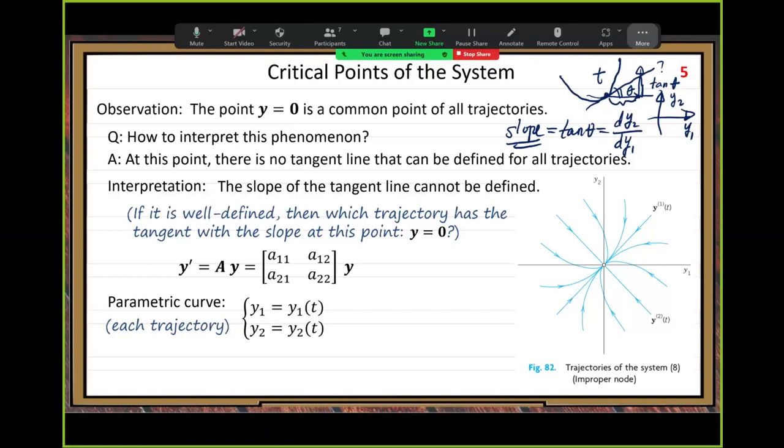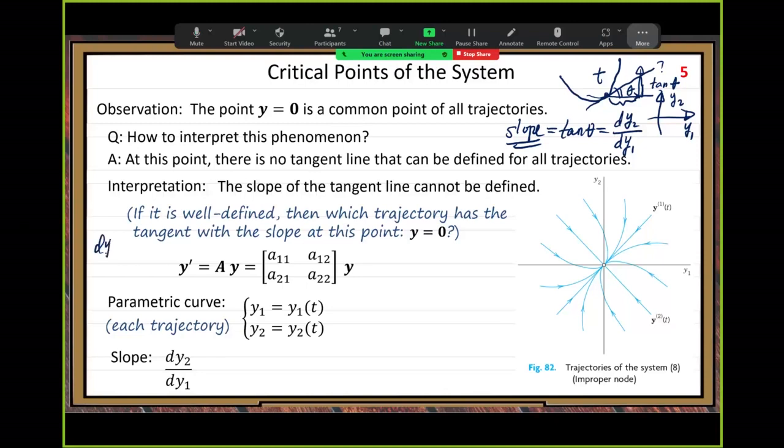Now, based on this definition, let us calculate the slope at the critical point, the special point, the origin. Slope equals dy2 over dy1. Then what is dy2? Let me write one more step.